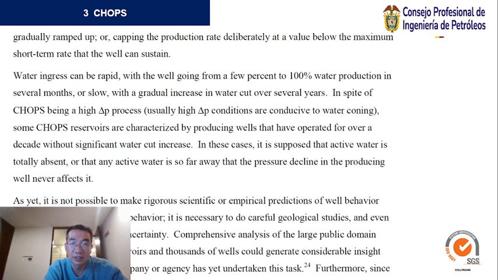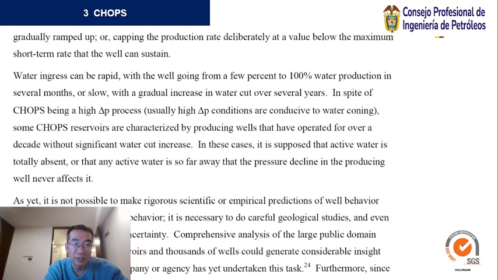In these cases, it is supposed that active water is totally absent, or that any active water is so far away that the pressure decline in the producing well never affects it.